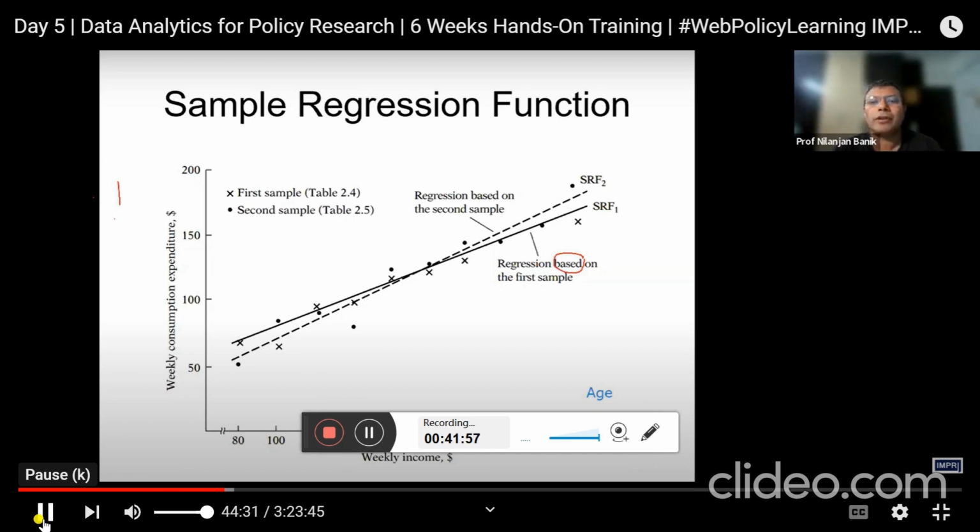If I were to draw it for the entire India, so for all the cities I'm collecting the samples, depending upon the number of states, let's say 21 states, and the capital city from each one of the states, then I will have 21 such sample regression functions, and the average of that will give me the population regression function. Okay, so in that way, I can actually go from the sample to the population.